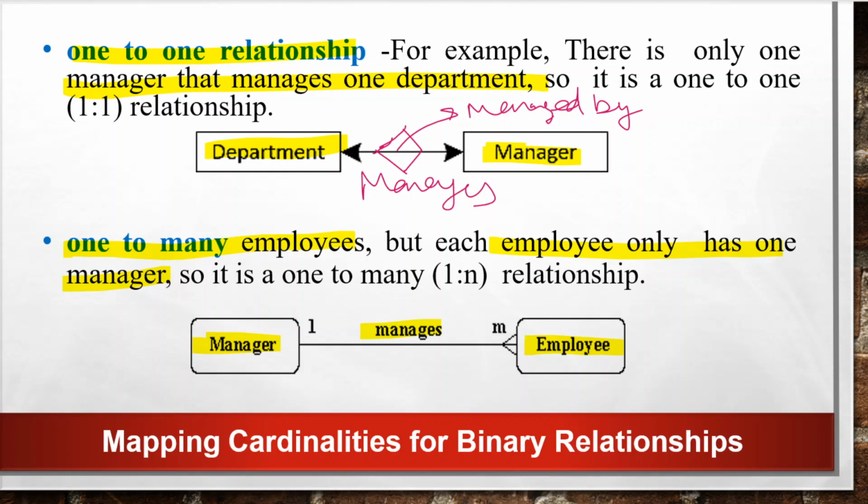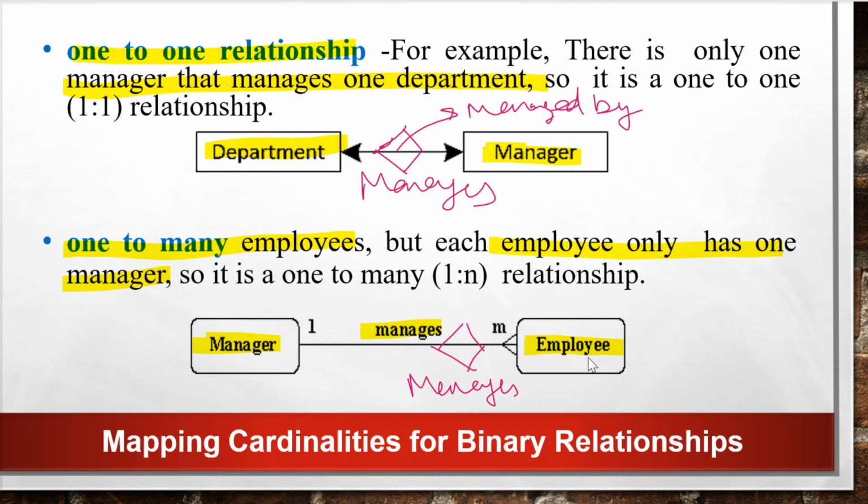Same way, here we can also have the diamond box with the name manages. We can read the relationship in either way, and same way we have to name the relationship.